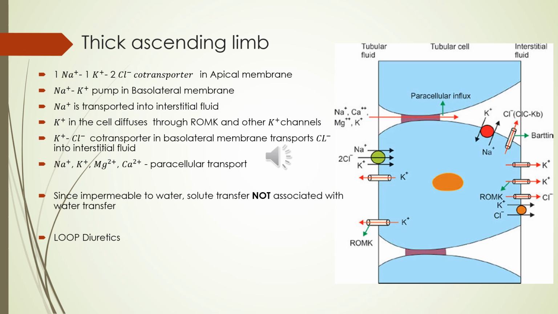Because of the transfer of these solutes from the tubular fluid into the interstitial fluid, there occurs an electrochemical gradient between the tubular fluid and the interstitial fluid, which results in the paracellular transport of sodium ions, potassium ions, magnesium ions and calcium ions.